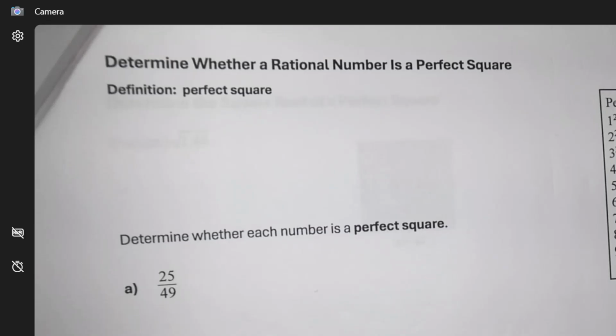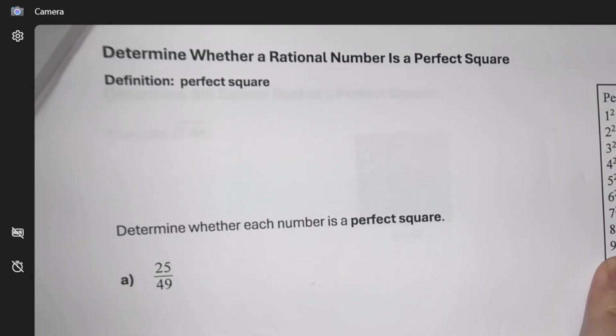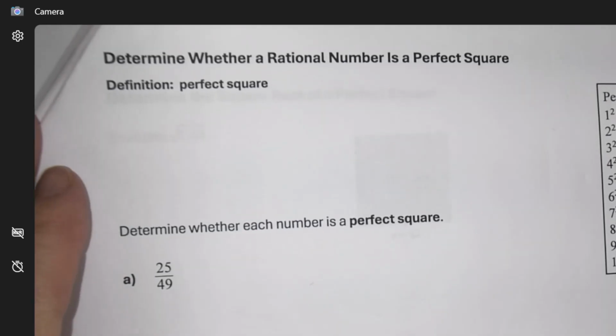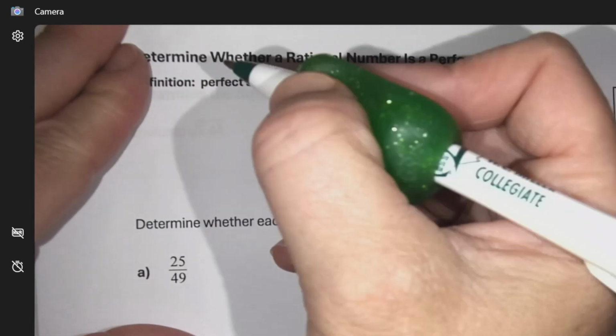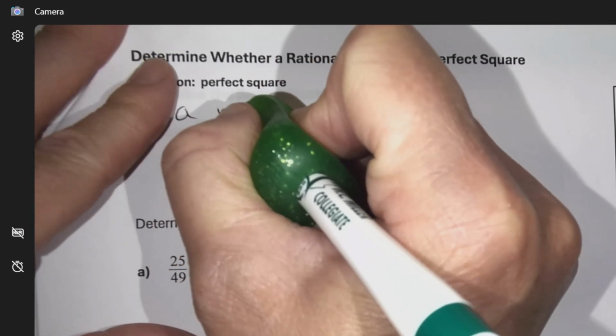Okay, so we have this word we call perfect squares. So here's your examples of a perfect square. How should we define it? Exactly.